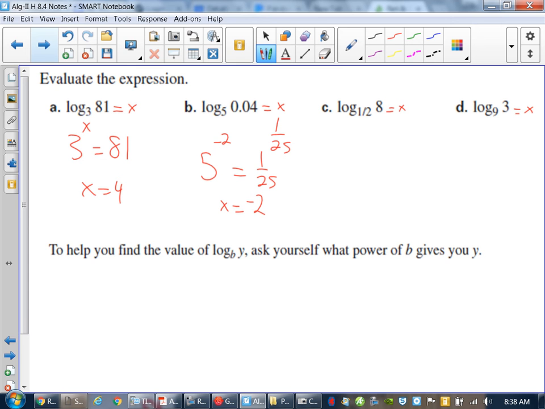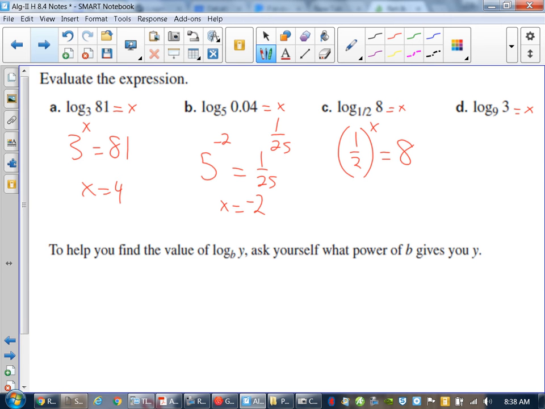Same deal going the opposite direction. 1/2 to what power is going to have to equal 8? If you're going from a fraction to an integer, you probably had to use a negative exponent, which is negative 3. Very good. Little trick here: if you're starting with your base as an integer and going to a fraction or a decimal digit, you had to have a negative exponent.